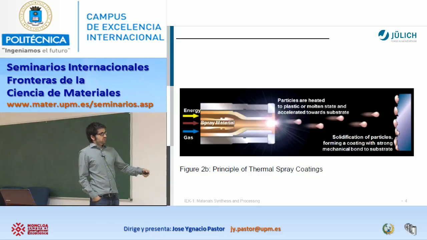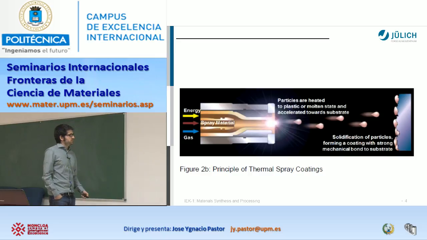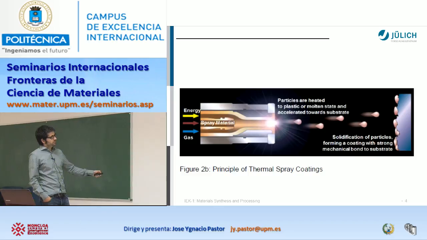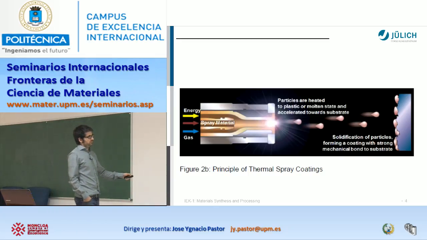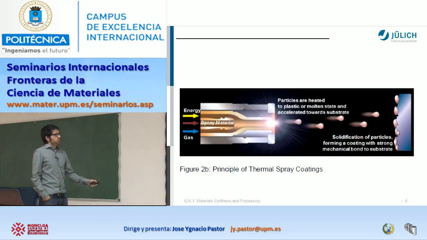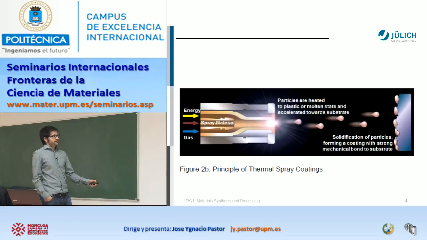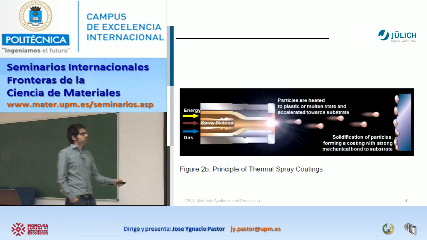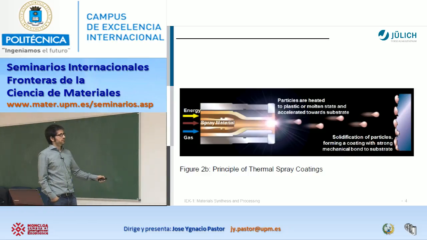Basically, and I will go into detail further in the slides, we have our powder that we will inject in a gun. We will heat it, we will introduce a gas to move it, and then our particles, or ceramic particles, will be not liquid, not solid, something in between, like in a molten state, that we will accelerate through this energy and the gas.